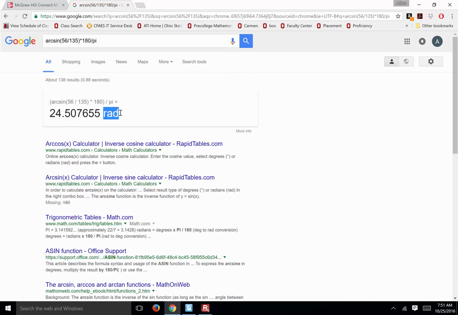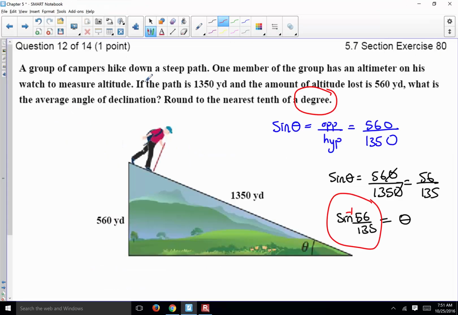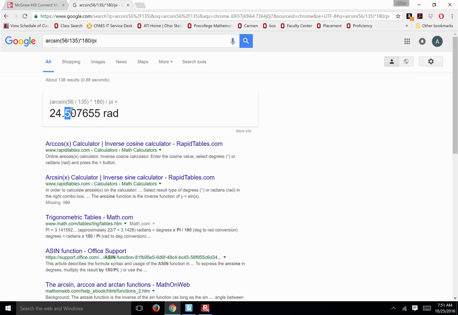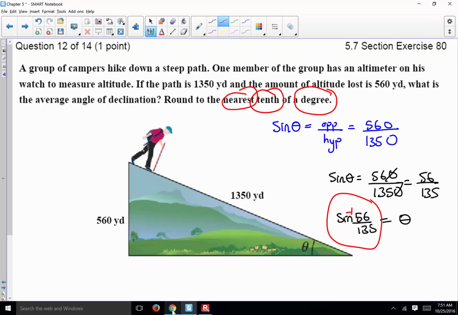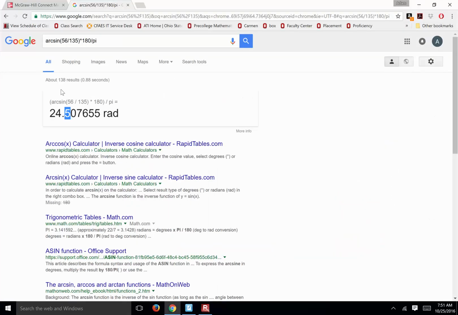No, it says radian, but it's no longer radian. Google is not that smart. Okay, the answer you found here is not radian, it's the degree. It's 24.57. So what is the precision amount? Nearest tenth. So nearest tenth is 24.5. So that's how much that angle is.